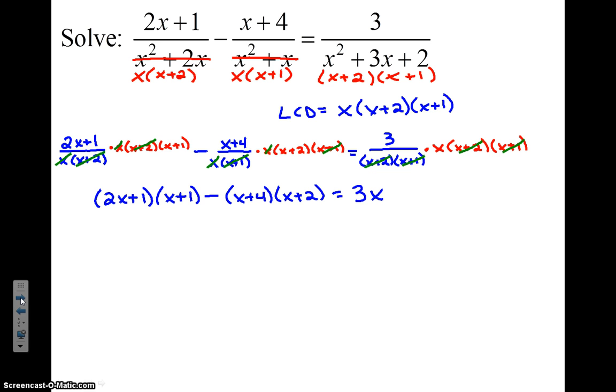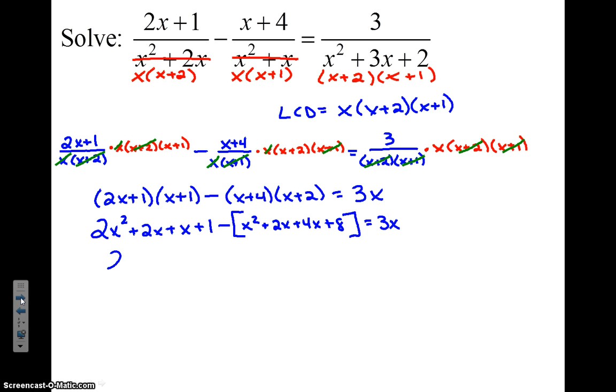So a little distributing here, I have 2x squared plus 2x plus x plus 1, minus, and put this in a big parentheses here, x squared plus 2x plus 4x plus 8, and that's equal to 3x.